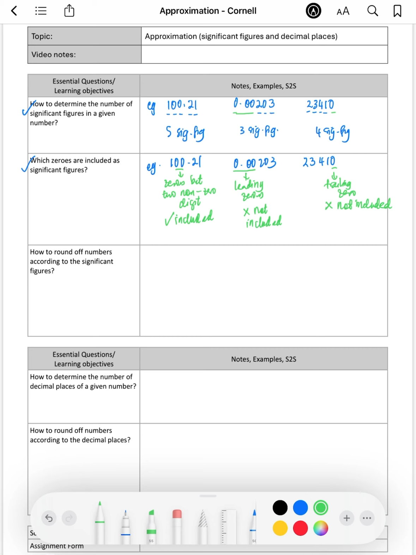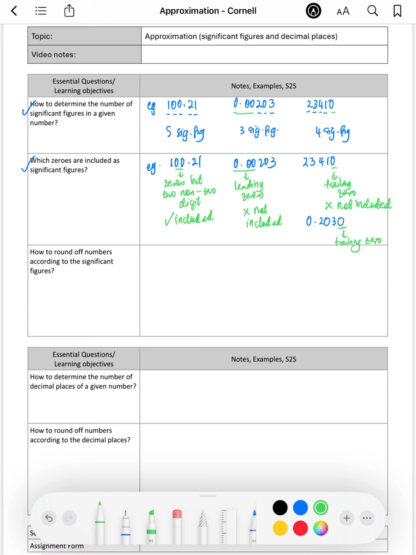Now, however, trailing zeros have 2 categories: trailing zeros for whole numbers that do not have any decimal, or trailing zeros after the decimal point. So for example, you have 0.2030, with a 0 at the end here. This is also considered a trailing zero.